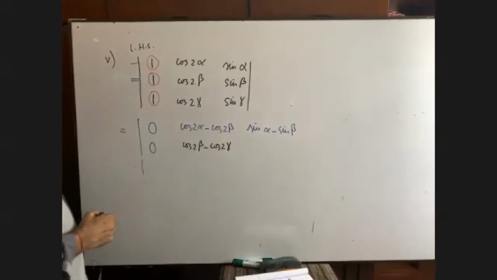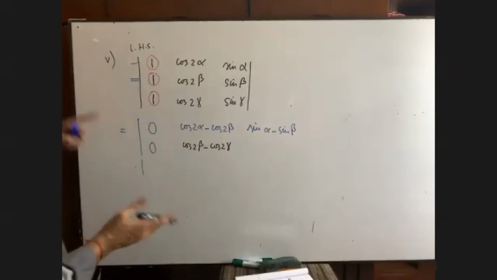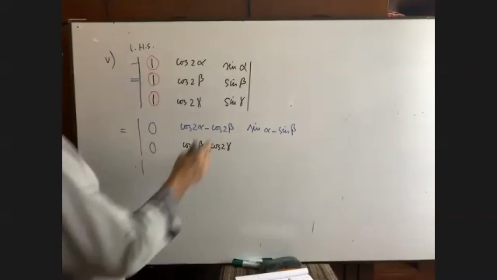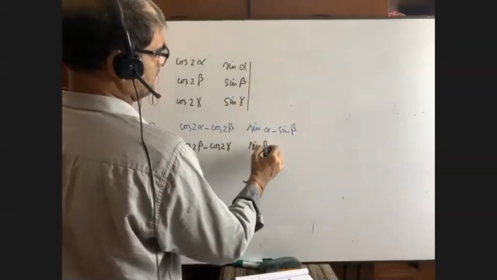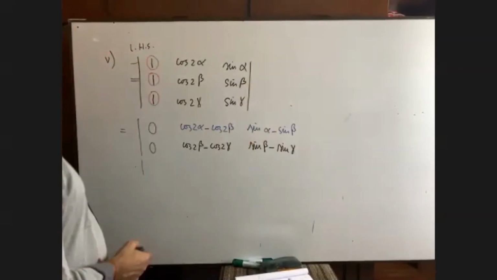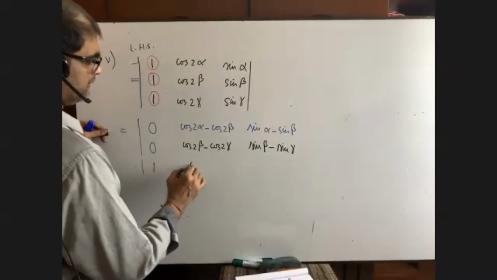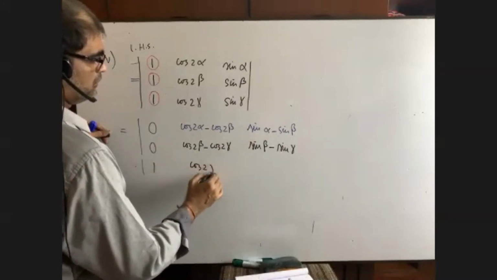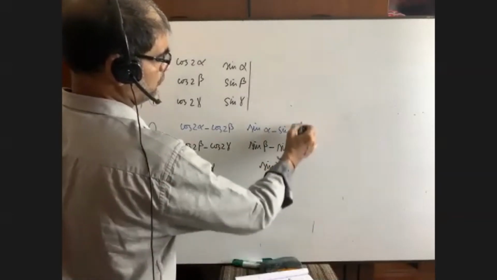I am telling you that we are subtracting from row to row. So here sine beta minus sine gamma, and you keep the third row as it is: 1, cos 2 gamma, sine gamma. We are done.